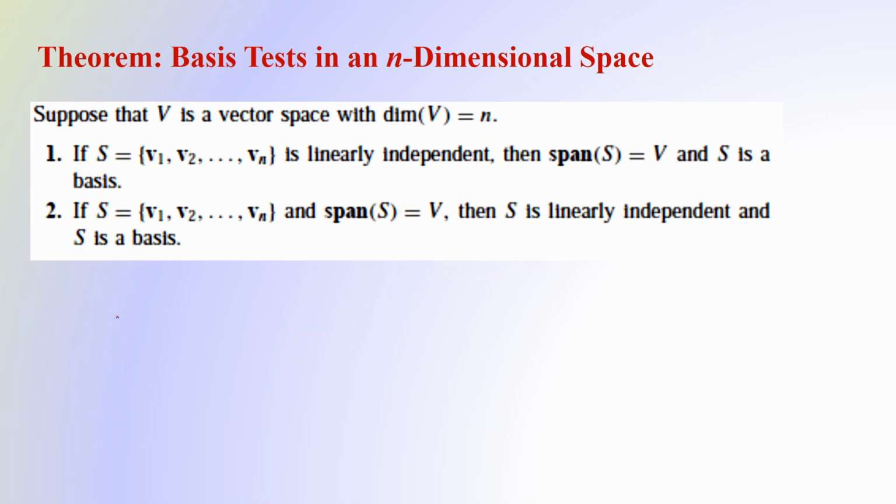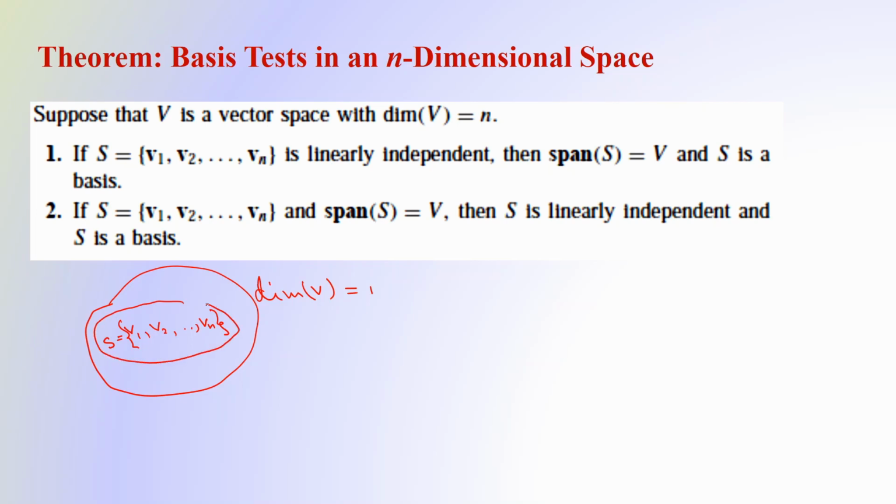That means if we have a vector space with dimension n, and it contains a linearly independent set S containing n elements, so this S is a subset of the vector space.